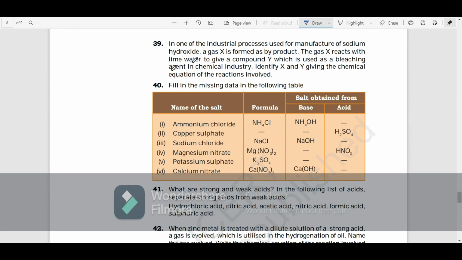39th question. In one of the industrial processes used for the manufacturing of sodium hydroxide, a gas X is formed as byproduct. When gas X reacts with lime water, compound Y is produced, which is used as a bleaching agent in chemical industries. Find X and Y and write the chemical equation.